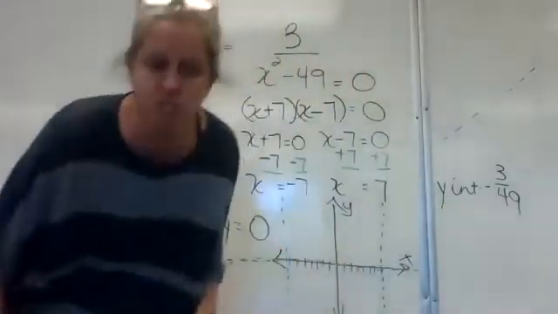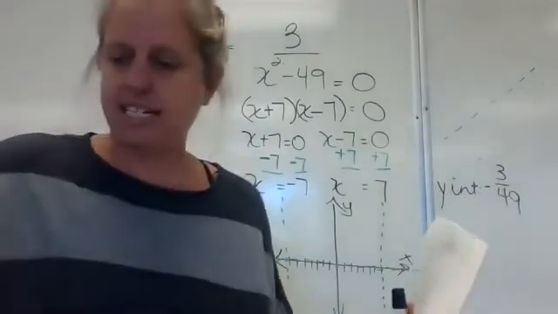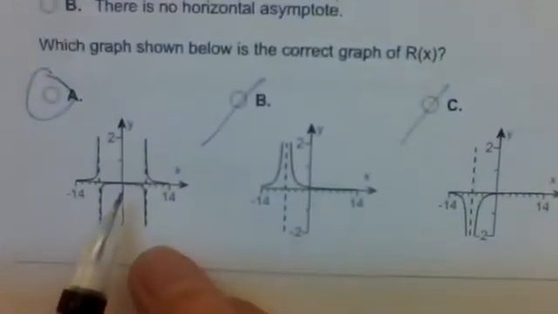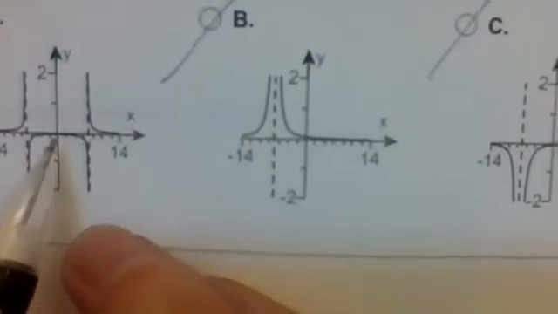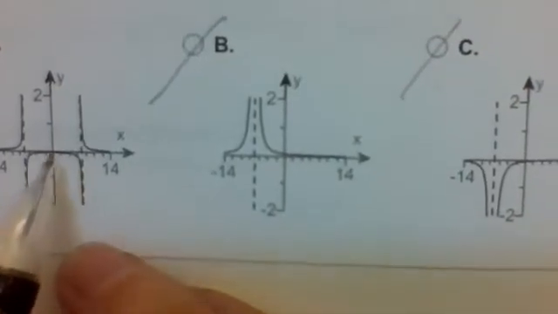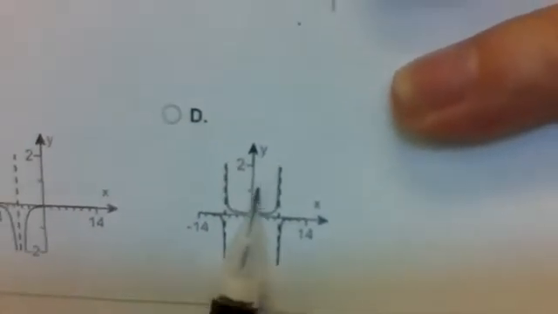3/49. Now, the reason I'm showing you that is because look at the difference between A and D, where they cross the y-axis. Here's where A crosses. It looks like it's a little below the origin. Here's my negatives in the y, down here. But look at this one. Where is it crossing the y-axis?